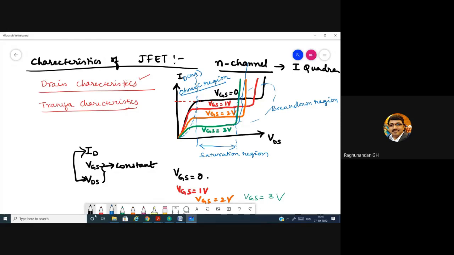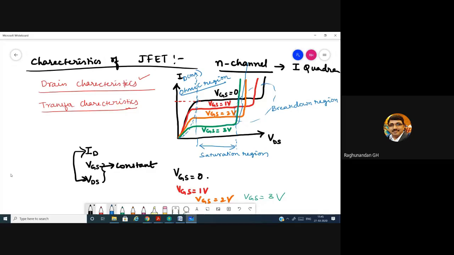That's why amplifiers are operated in the ohmic region. In BJT also, amplifiers are operated in the active region because we have the flexibility of varying the current and voltage, based on our requirement. The saturation region we use whenever we want an on switch. I want to switch on something and leave it for a long time, so you'll be using the saturation region.